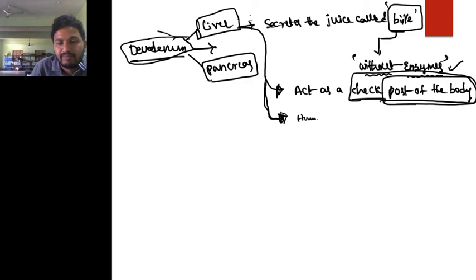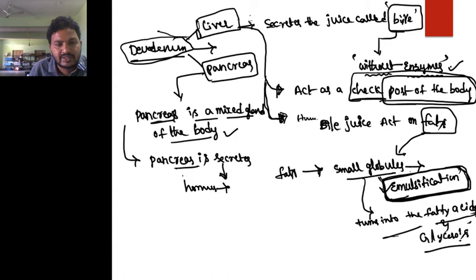Why is the pancreas called a mixed gland of the body? The pancreas secretes the hormones called insulin and glucagon.